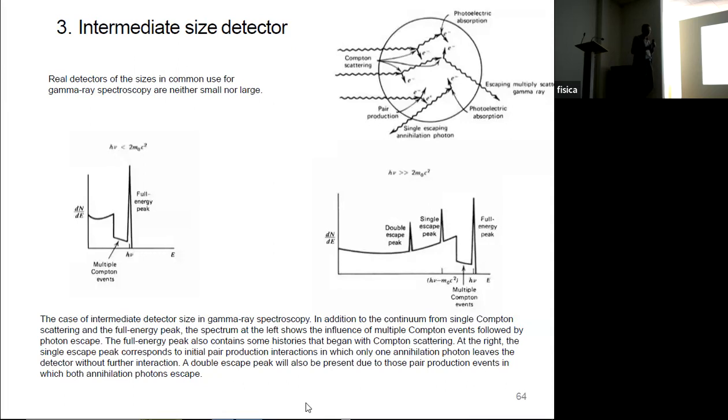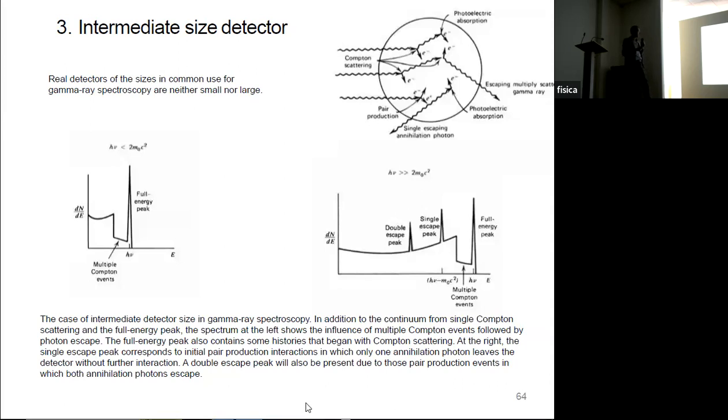These events happen when, remember, this is a stochastic process. For example, one gamma ray can immediately be absorbed through the photoelectric effect. But at the same time, there is a high probability, for example, to have Compton scattering.